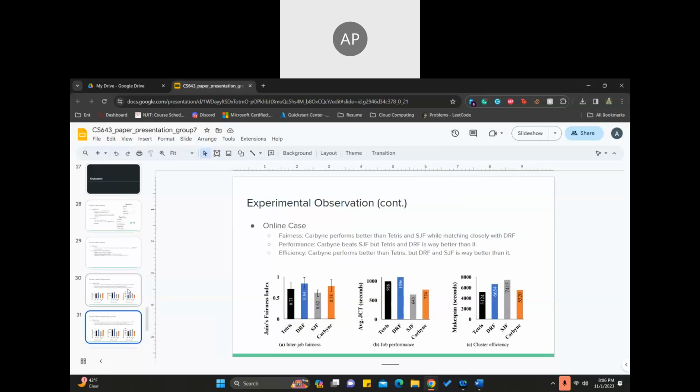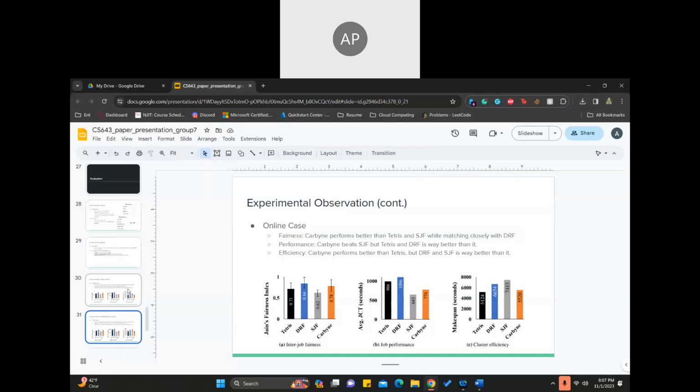These are observations for online cases. In fairness, Carbyne again performs better than Tetris and SJF while matching closely with DRF. In performance, Carbyne beats SJF, but Tetris and DRF are way better than it.